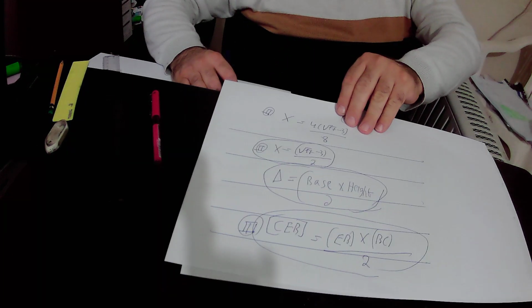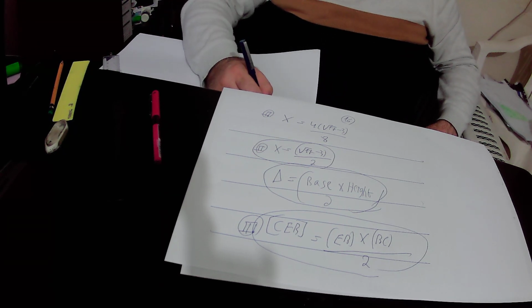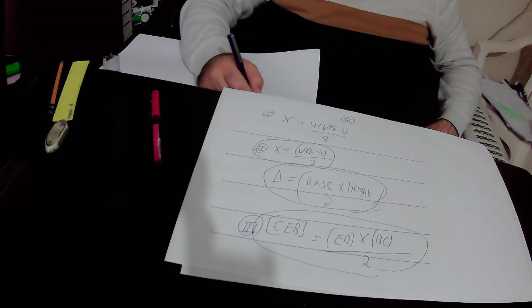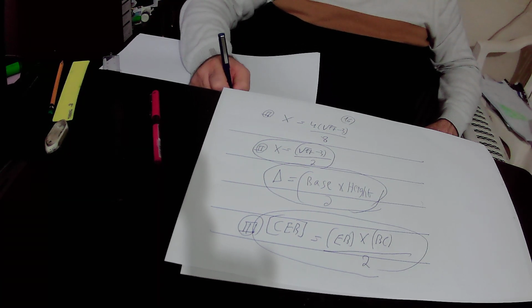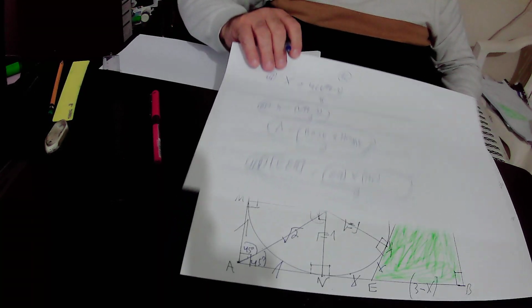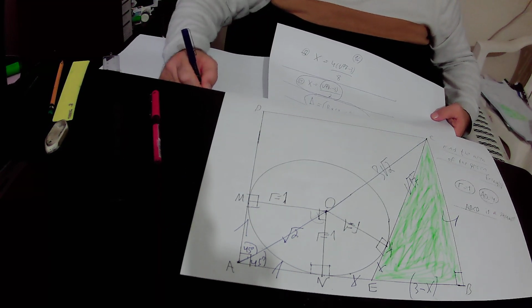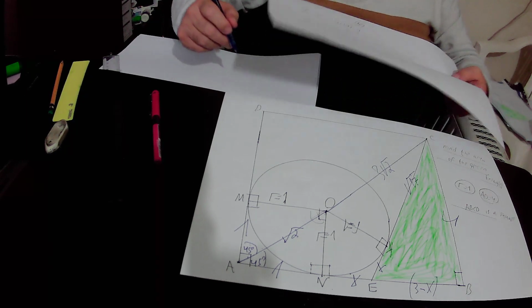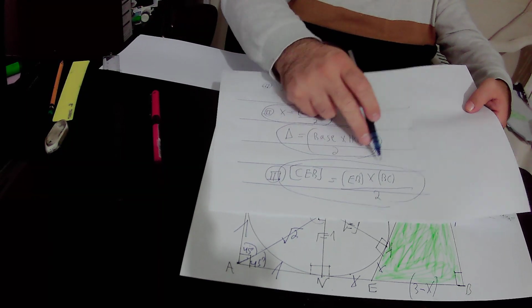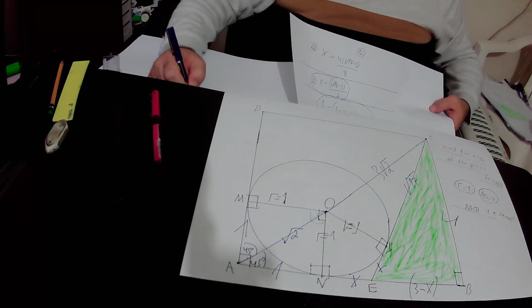According to equation number 3, the area of the green right triangle CEB equals EB. As you can see, EB equals 3 minus x, and BC equals 4 units, over 2.